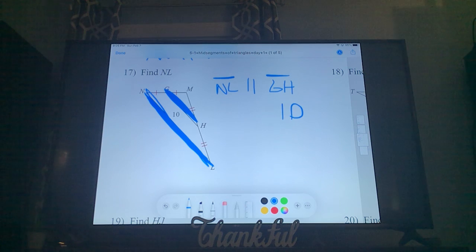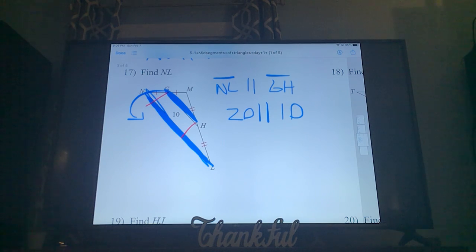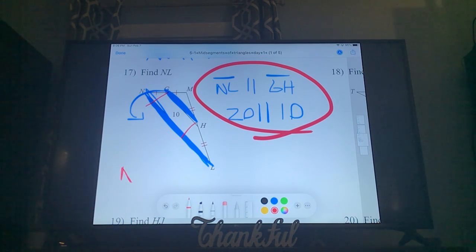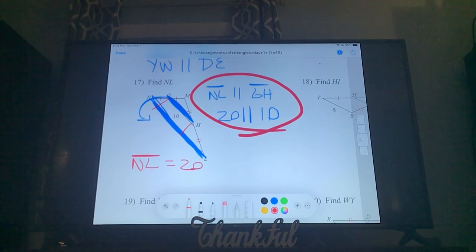So if this is 10, and NL is bigger, what does it have to be? It's got to be 20. If you look at this picture, you can see that it's about half that line segment, so you know NL has to be bigger. You don't have to write all this out, I just did, but line segment NL is 20.